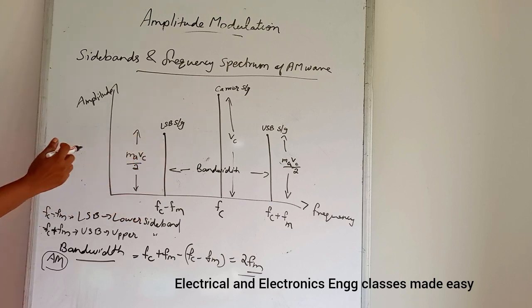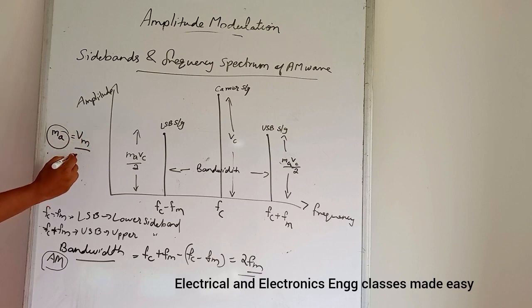And another term is Ma, that is the modulation index Ma, and it is the ratio of the amplitude of modulating signal to the amplitude of the carrier signal, and it is also called depth of modulation. So, modulation index or depth of modulation.